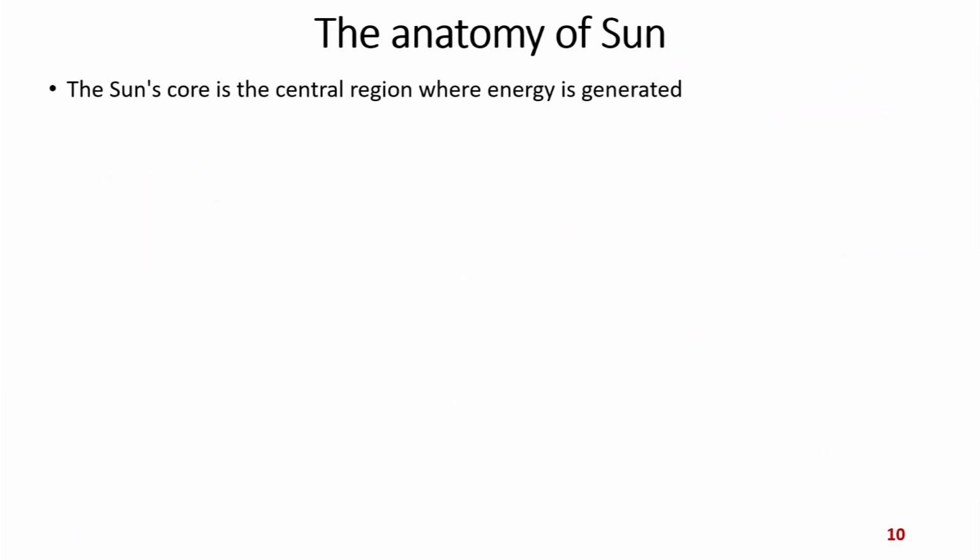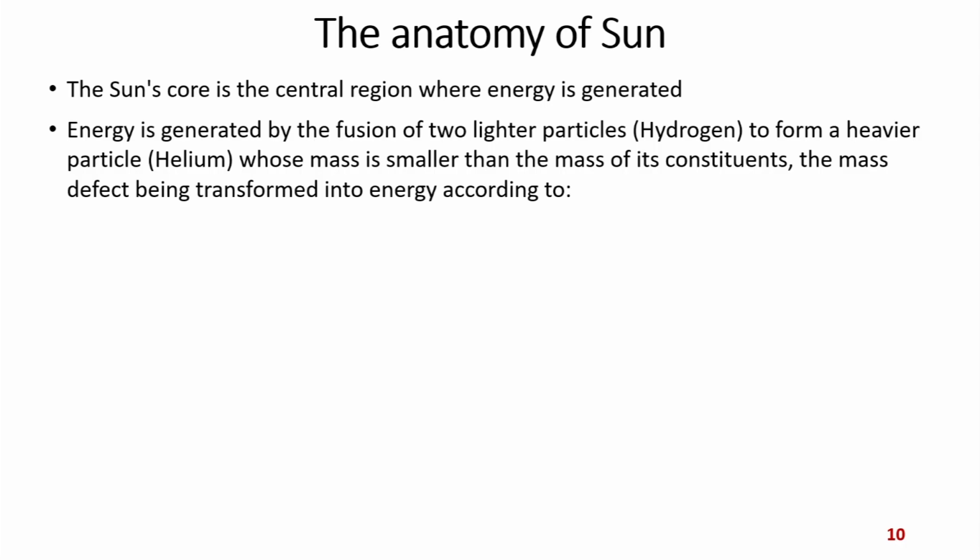So, the sun's core is the central region where the energy is generated. How is energy generated? The energy is generated by the fusion of lighter particles, hydrogen, to form a heavier particle, helium. So, the hydrogen is converted to helium, whose mass is smaller than the mass of the constituents. The mass defect is transformed into energy.